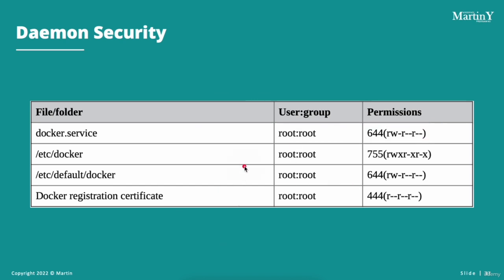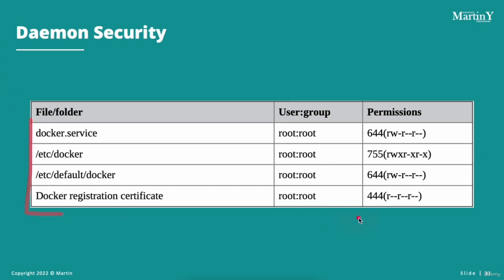What you can see here is that the group that has access to those files or volumes are the root users, and they have those permissions there. You can see that the permissions are actually quite limited. At this point, we have reviewed the Docker daemon security and the default permissions for each service that this process is using. Those files represent the different services.